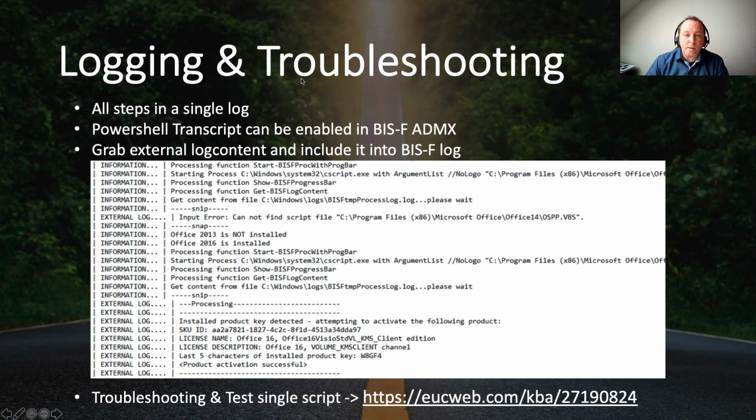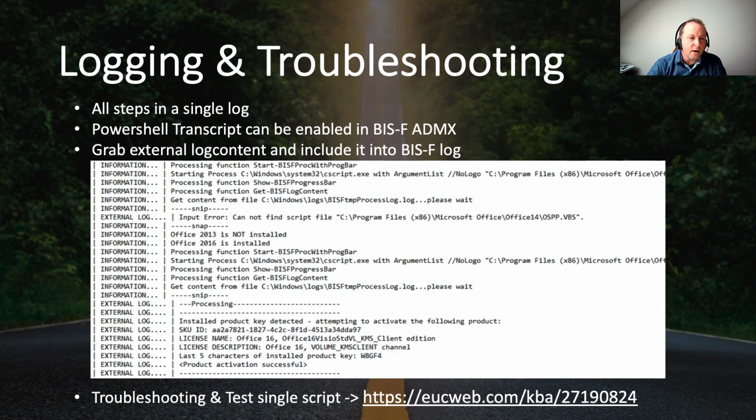For logging and troubleshooting, BIS-F combines all steps in a single log. That means the PowerShell transcript can be enabled in the BIS-F ADMX and is stored on a separate path inside of the Windows logs. But from external processes like Microsoft Office or Office rearm or operating system rearm or whatever, this log content would be grabbed and also shown inside of the BIS-F log.